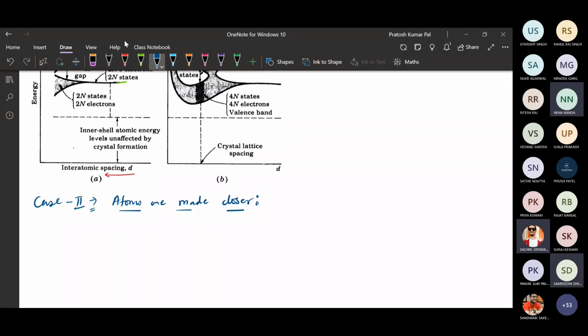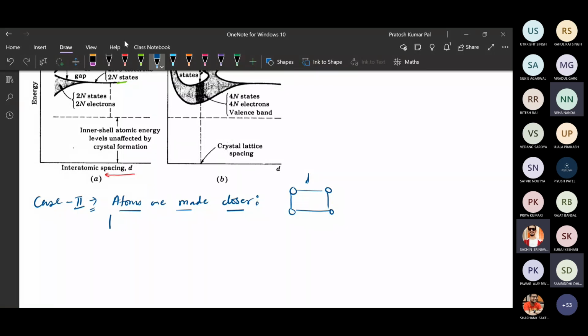If we move the atoms closer, then whatever atoms we make closer will exert an electric field on their neighbors, okay. Initially the distance was larger, now we are going to reduce the distance. If we reduce the distance, that means there will be an exertion of electric field.